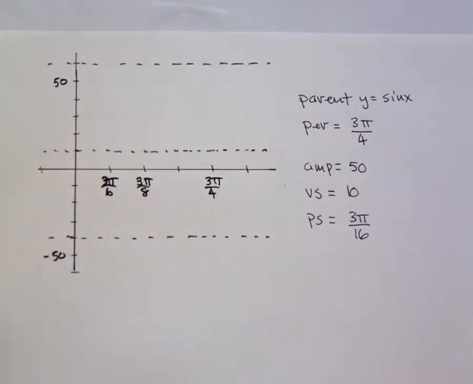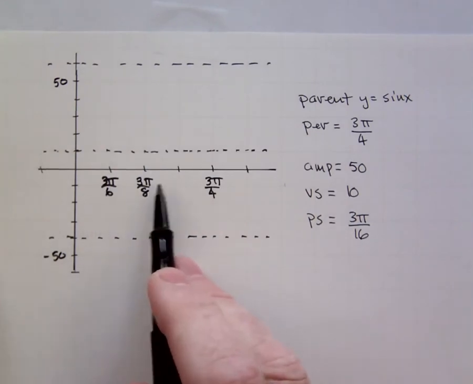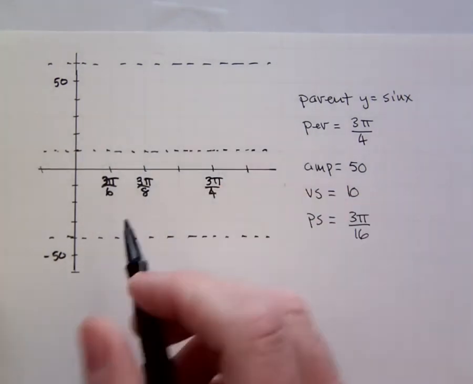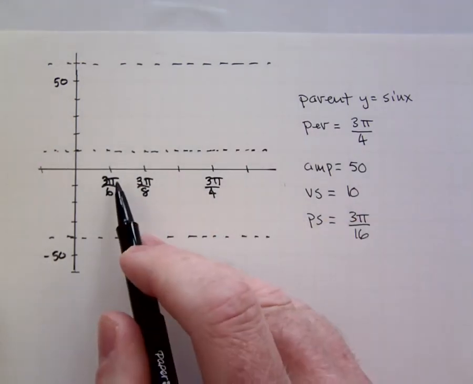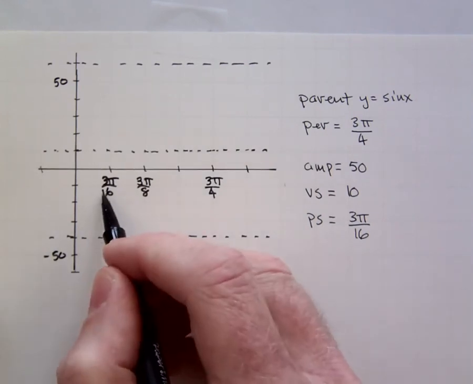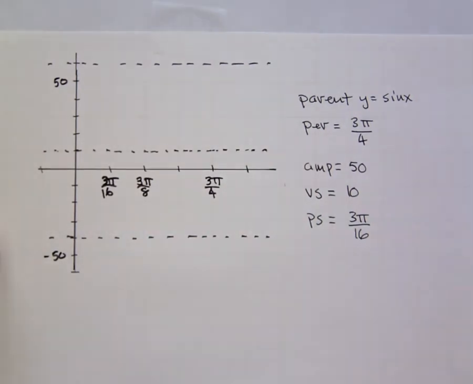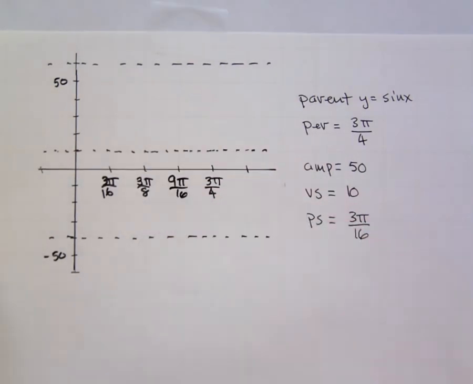And of course, the cheap way to keep dividing fractions in half is just to double the denominator and then reduce them as necessary. I can figure out where this is if I just go 1, 2, 3 times 3 pi over 16. 3 pi over 16, I hope I said it right. I wrote it wrong. So 3 pi over 16. 3 of those is 9 pi over 16. You can label some other values if you want.